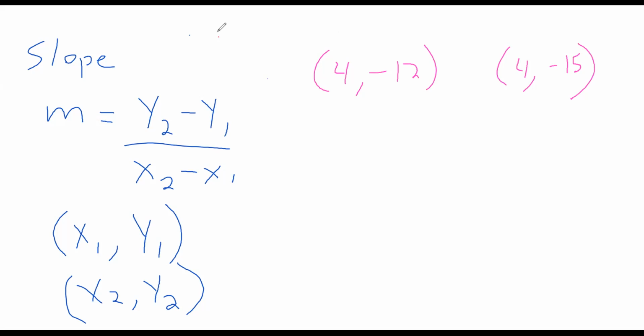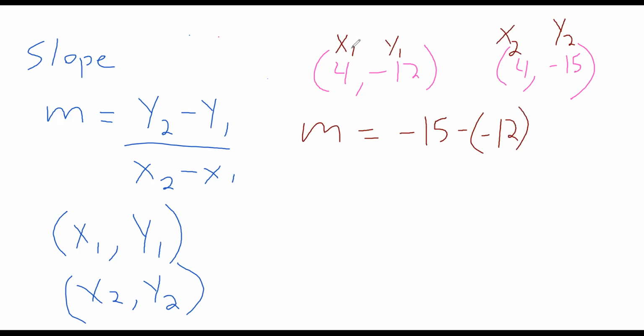Okay, so we do our standard business. We call this x1, y1, x2, y2. Calculate the slope. It would be negative 15 minus negative 12 divided by 4 minus 4.